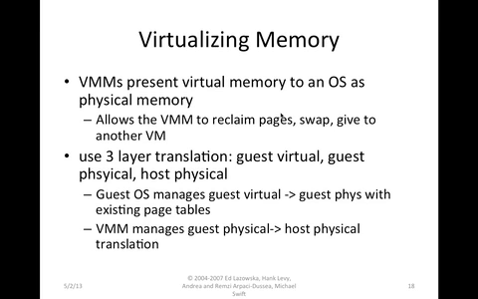So the guest operating system wants to think it has some kind of physical memory, and it wants to map its own virtual addresses for its processes to physical memory. The problem is that we now have multiple guest operating systems that are doing the same thing. Right? So we can't actually give physical memory. We can't say to each guest operating system, you have all the physical memory.